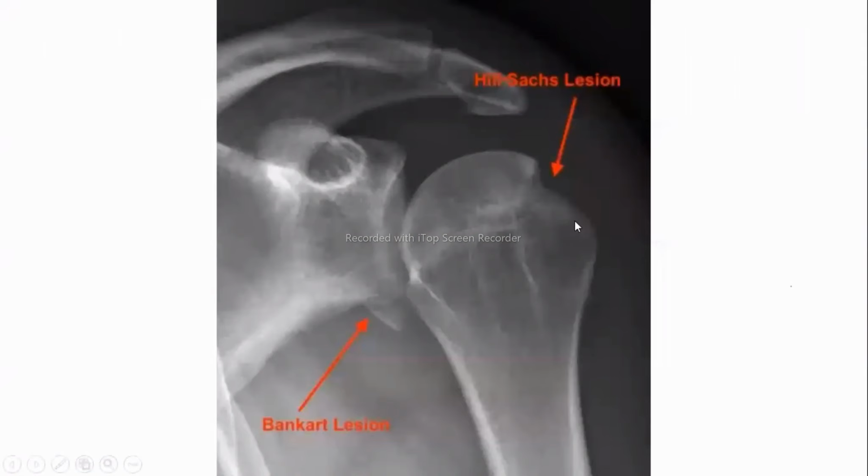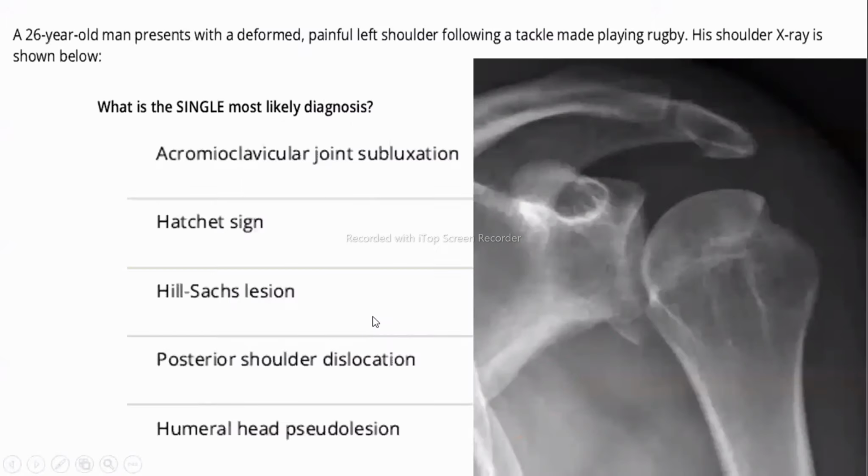So be familiar: this one is the Hill-Sachs lesion and this one is the Bankart lesion. What is the single most likely diagnosis? Why not choose Bankart? It is not in the options. So we will choose Hill-Sachs lesion.